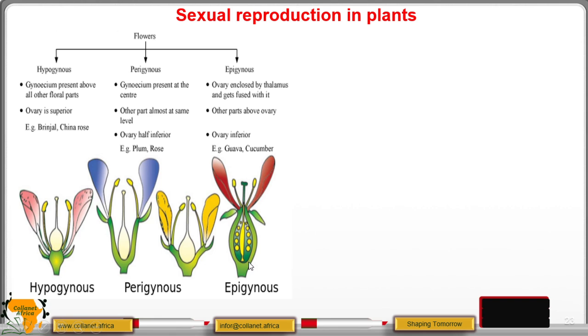And then we go to epigenous, where these other flower parts are occurring above the ovary, and this one is called an inferior ovary. For example, in the case of guava, all the other parts will be above the ovary.